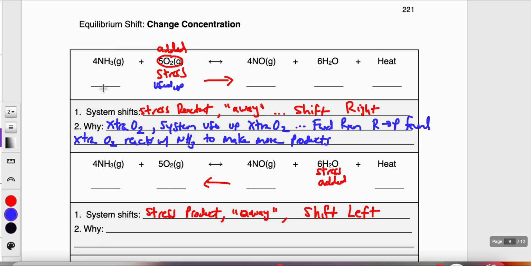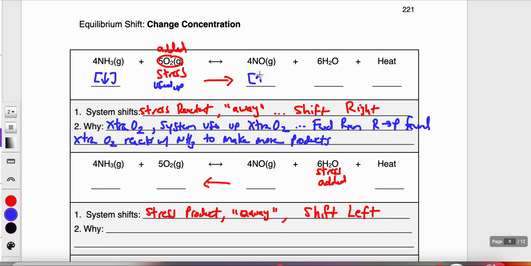So that means some of the NH3, its concentration is going to decrease because it's being used in the reaction. The nitrogen, the hydrogen, the oxygen being used in the reaction are not disappearing from the system, right? They are reacting, bonds are breaking, and they're forming more nitrogen monoxide.